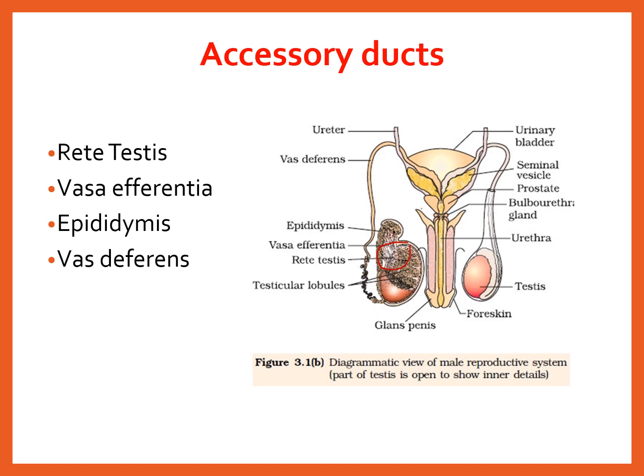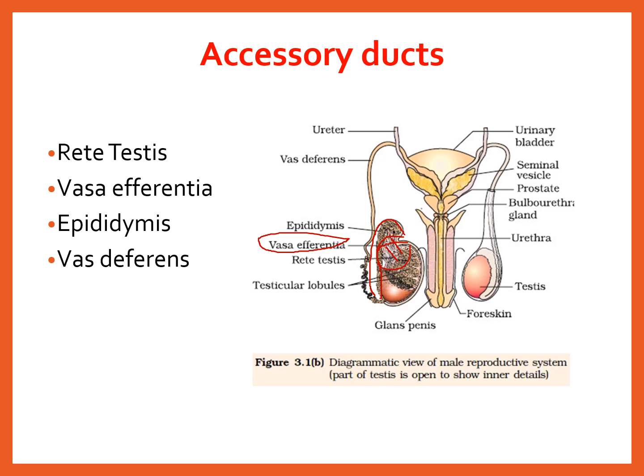And arising from this region, you have the efferent tubules, which are called the vasa efferentia, right? And these vasa efferentia tubules will join together to form the single tubule, which is the epididymis. So this region is your epididymis.